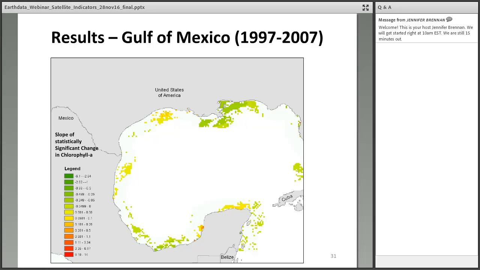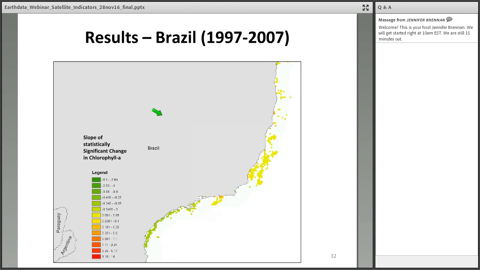One of the things that's interesting to note is that at least during this particular time period, from 1997 to 2007, there was a statistically significant negative trend in the chlorophyll A concentrations in the Mississippi Delta region. But if you go along the coast to the coast of Texas, you see slightly positive trends in those areas.